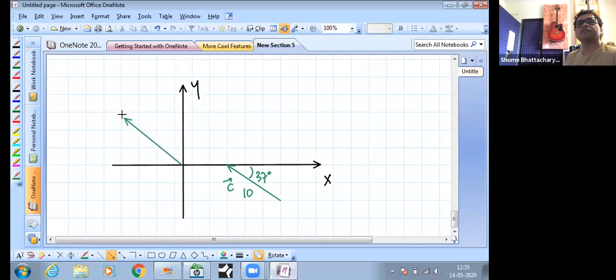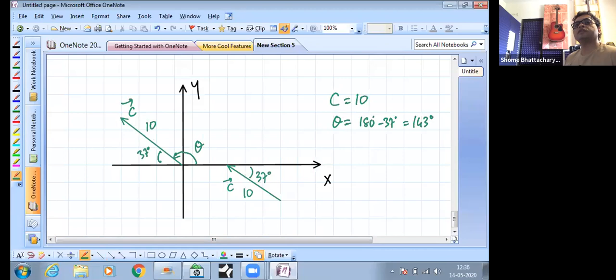So if you reposition it at the origin, you will see it's the same vector, its magnitude is 10 and this angle is 37 degrees. So the angle it is making with the positive x-axis, that theta, is in fact 180 minus 37 or 143 degrees.